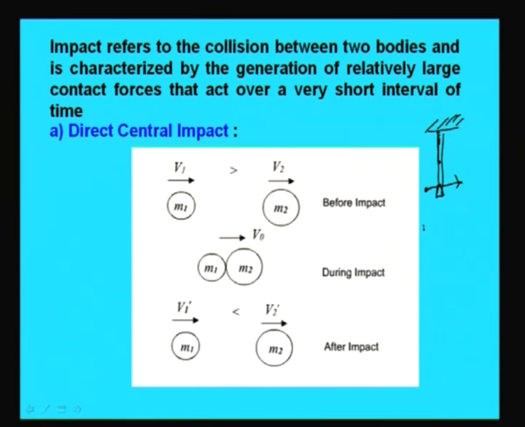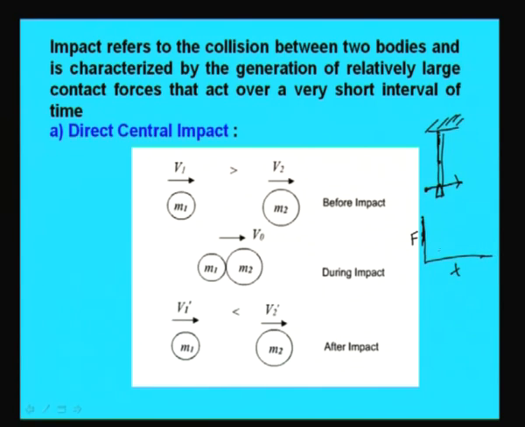So there is a deformation, and you know Hooke's law of elasticity, that stress is proportional to strain, so when you apply stress, there is a strain generated, something similar to a spring. Although the situation is very complicated because the contact area keeps on changing, you can appreciate that if we draw a force versus time diagram, this is force here and this is time.